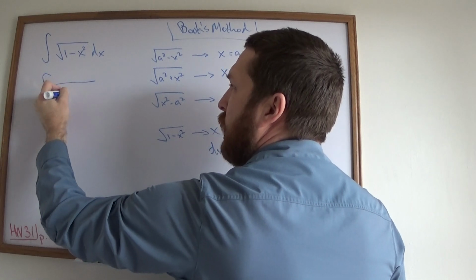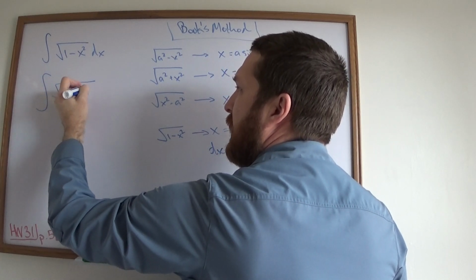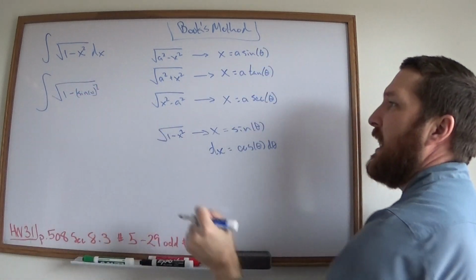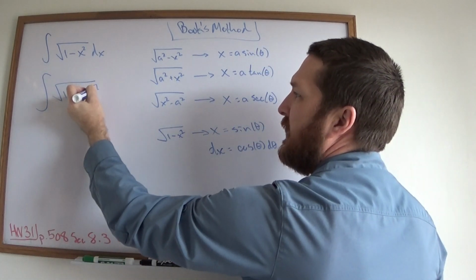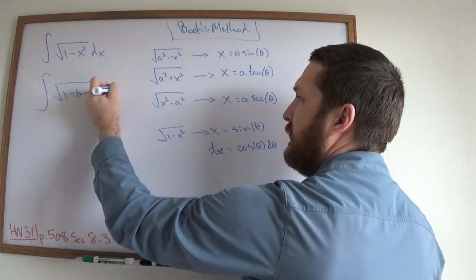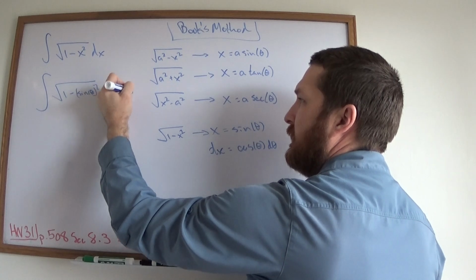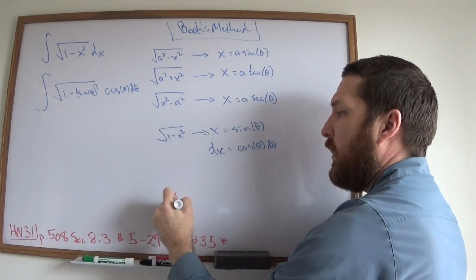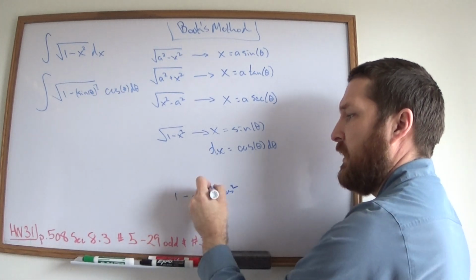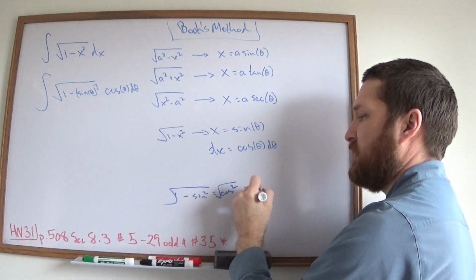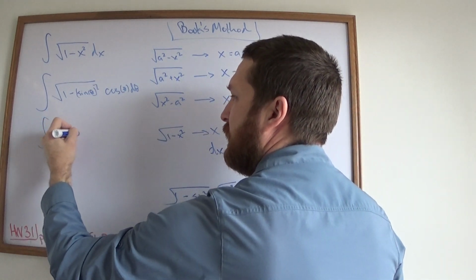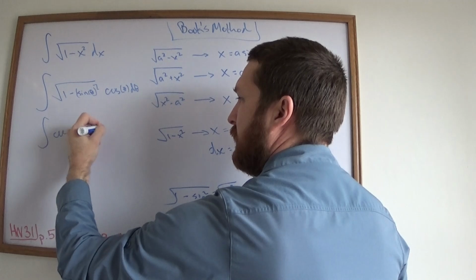I say, okay, square root of 1 minus sine squared theta, dx is now cosine theta d theta. 1 minus sine squared is cosine squared, and so I take the root of both sides, I should just have cosine. So this is just cosine theta times cosine theta.